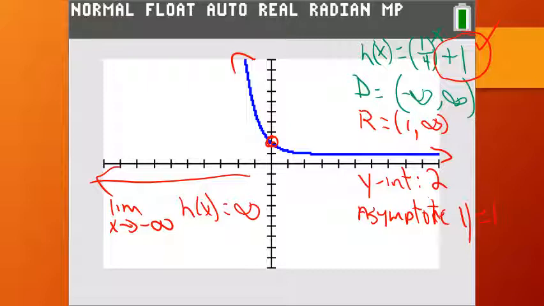And let's see, as x is approaching positive infinity, well, what's h of x doing? Equals 1.